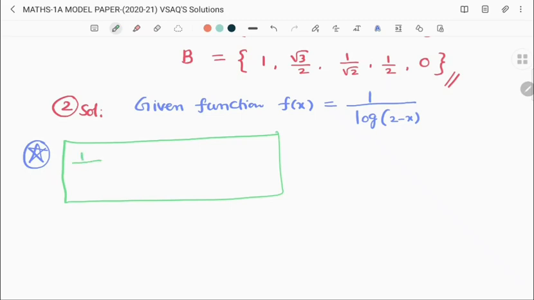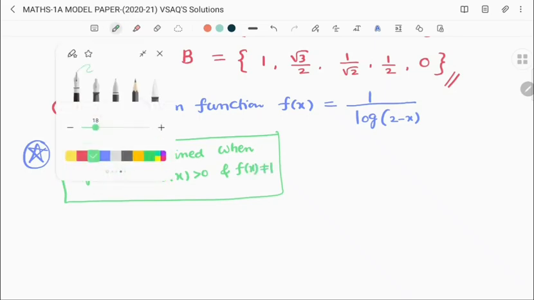One by log f of x is defined when f of x is greater than 0 and f of x should not be equal to 1. Two important conditions are there for this.